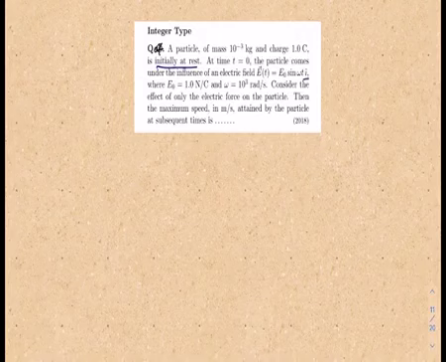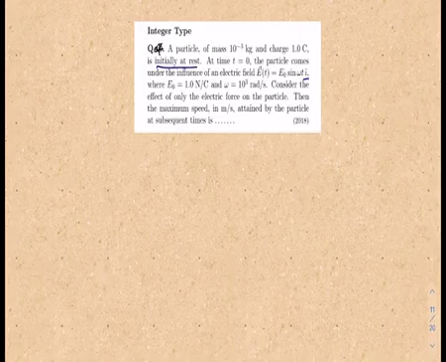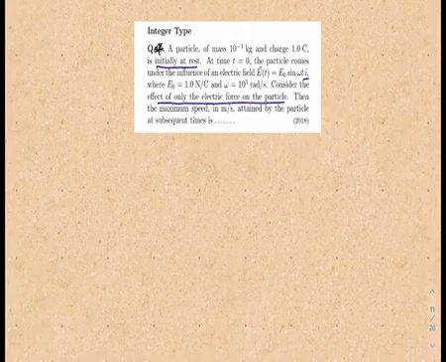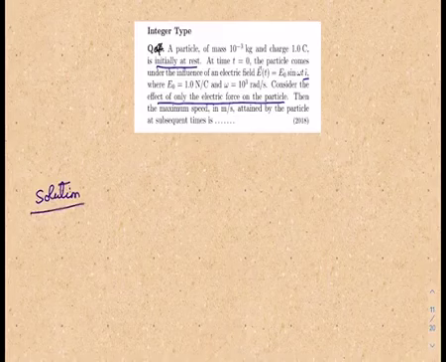The electric field amplitude and angular frequency are given. Consider the effect of only the electric force on the particle. Then the maximum speed in meter per second attained by the particle at subsequent time is. Okay, let us do this problem. It was asked in 2018 JEE Advanced.